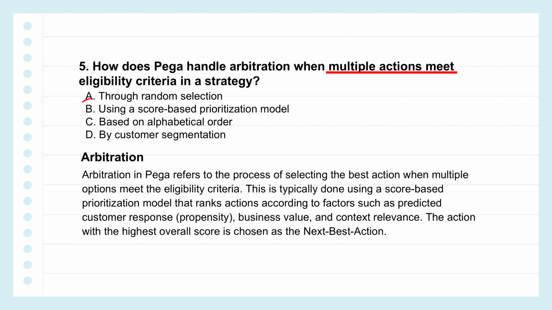Often the predicted likelihood of the customer accepting the offer, which comes from the adaptive model, and also the potential value to the customer, value to the business. Sometimes strategic business goals weigh in too. It calculates this score for each competing action. And the highest score wins. Essentially, yes. The action with the highest score is deemed the next best action to present to that specific customer at that specific moment. It's about prioritizing based on calculated value and propensity.